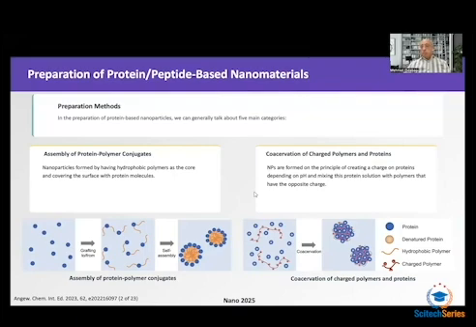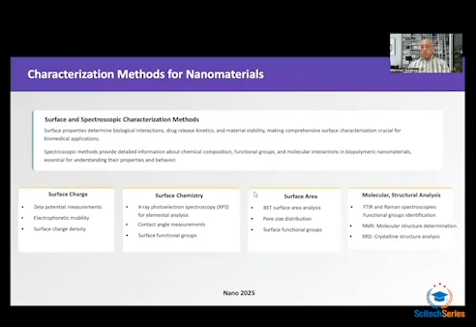And now let me give you information about characterization of nanoparticles. These characterization methods are generally used for many types of nanoparticles, but some of these are specific for protein-based nanoparticles, nanomaterials. For investigation of nanoparticles, surface and spectroscopic characterizations, size and morphological analysis, and thermal property studies are done.